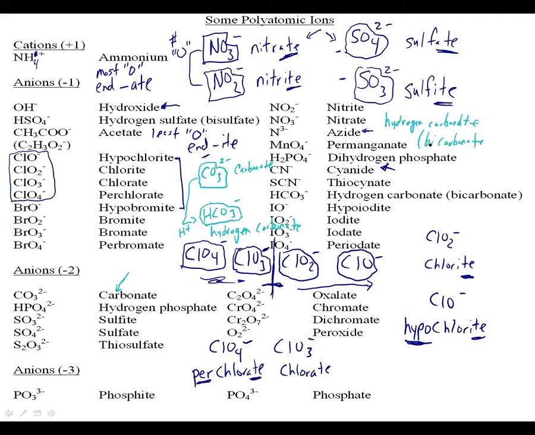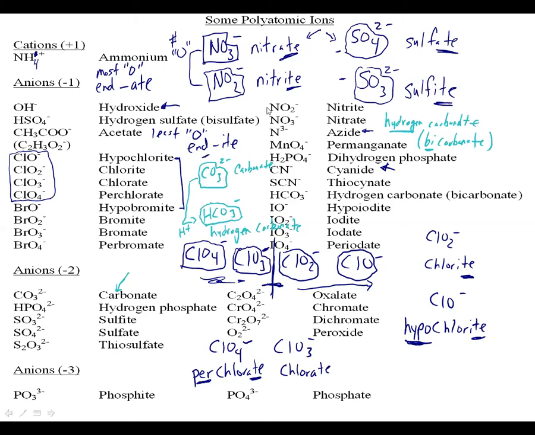So very common, people still use bi instead of putting the hydrogen in front of it. They're both correct and used a lot, especially the bi is used a lot. You see that with carbonate. You also can see that over here as well. Let's see if I have it there. This list here.